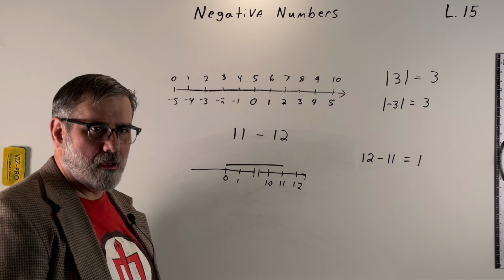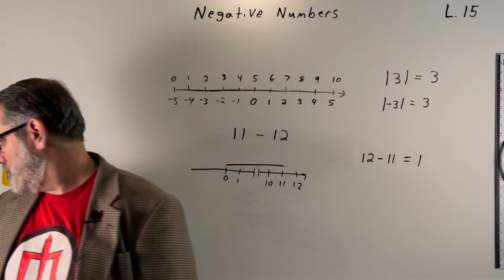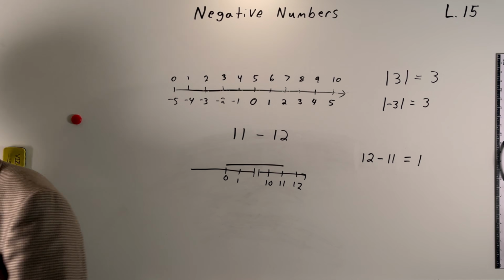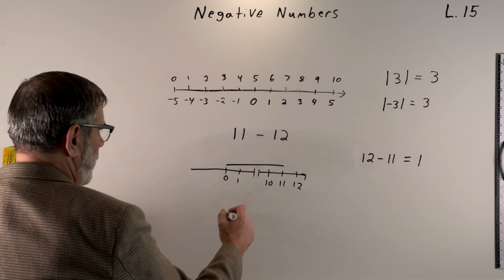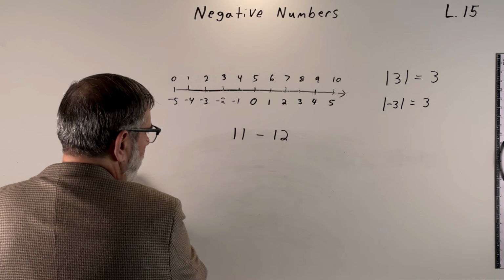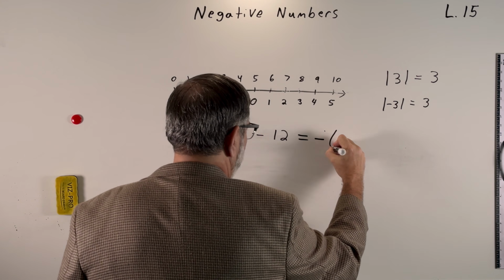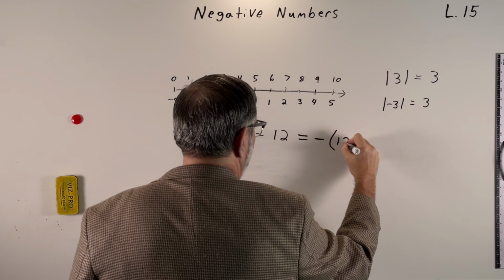And so this gives us a trick that we can use to do these kinds of problems a little more easily. It tells us that we can rewrite a problem like 11 minus 12 as a negative sign of 12 minus 11.